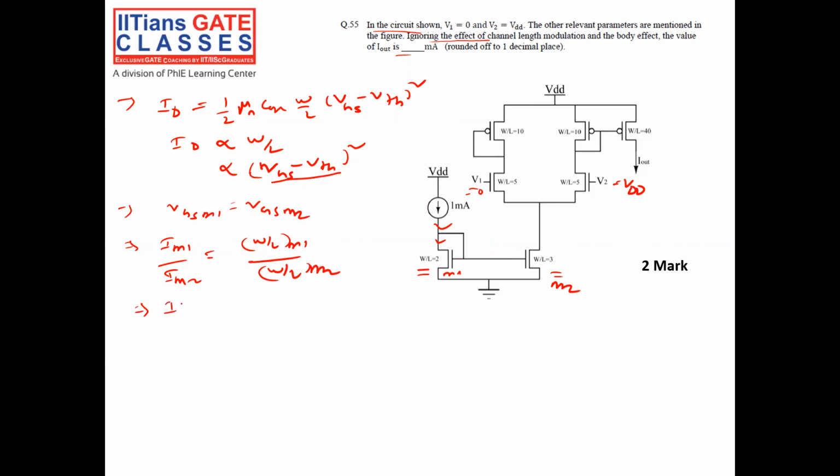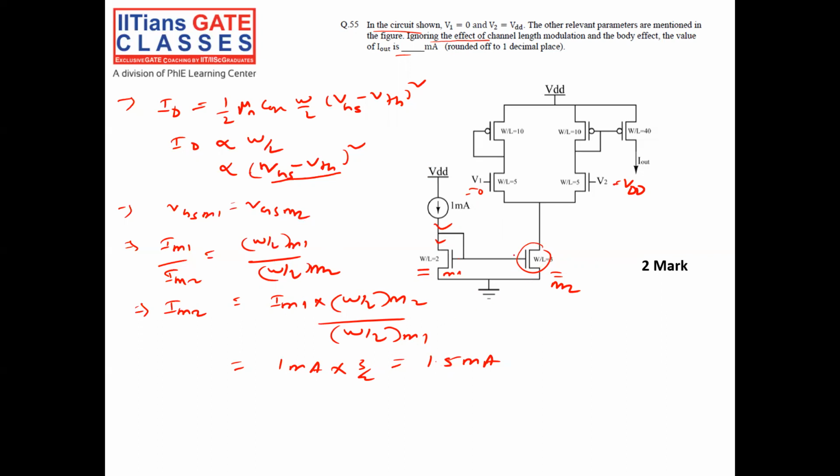This implies current in M2 is equal to IM1 into W by L of M2 divided by W by L of M1, which is 1 milliampere into 3 by 2. So 3 by 2 is 1.5 milliampere.